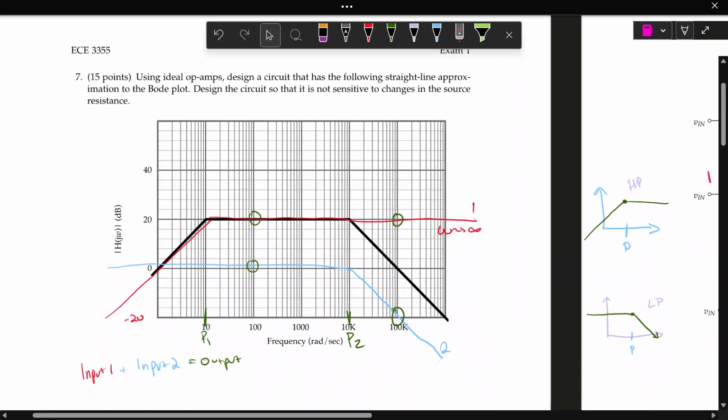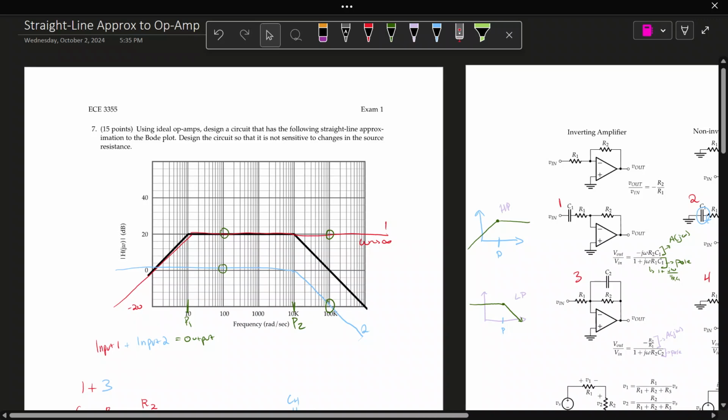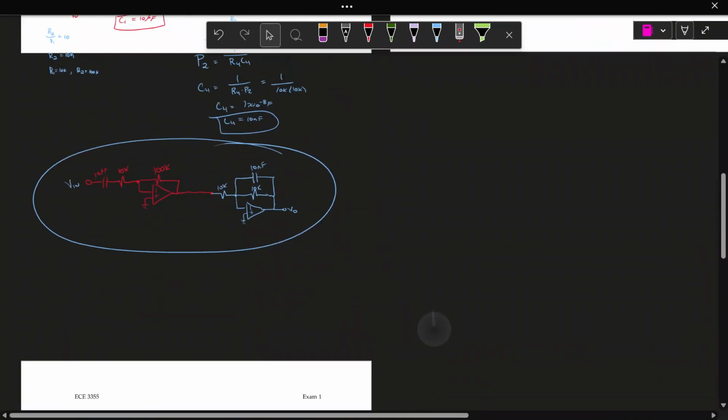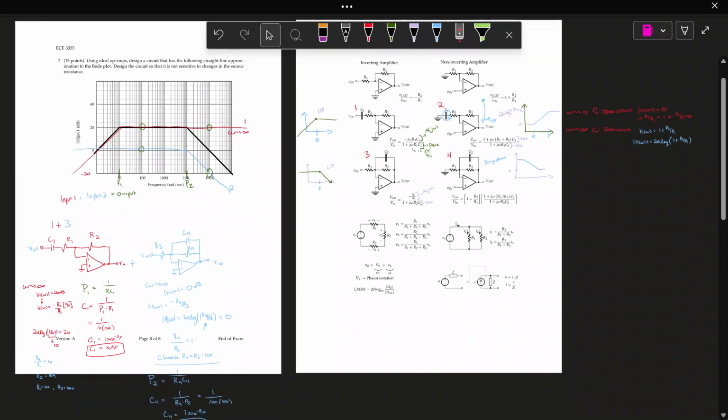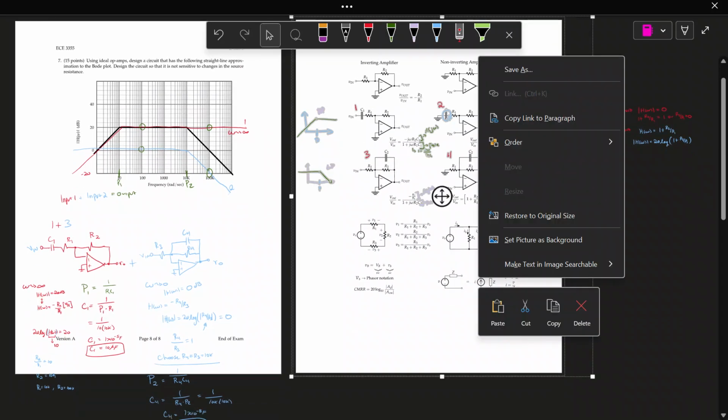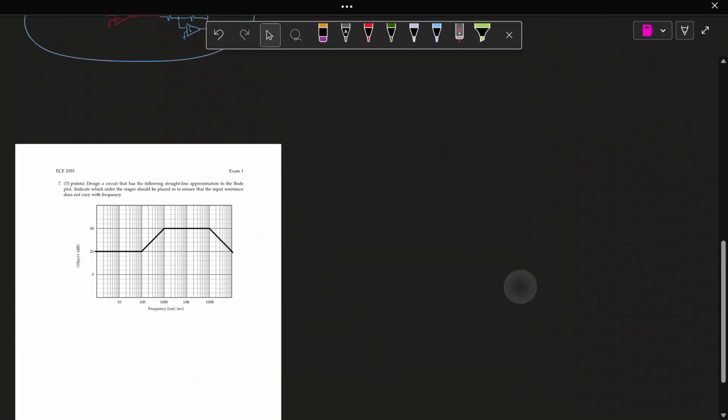They could also say design the circuit so that the input resistance does not vary with frequency, just like this next one that we're doing. Hopefully y'all can see what all of this was. I'm going to copy this because I don't want to have to do that again here.